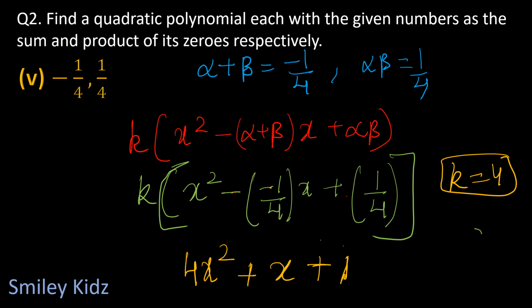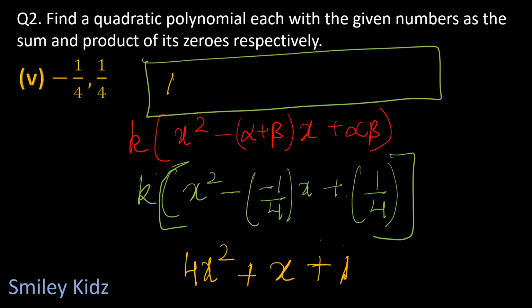So it's nothing but here I have multiplied the entire equation with 4. That means it is in this way, right? So 4 has been multiplied with x square plus 1 by 4x plus 1 by 4, so it's going to be x square plus 1 by 4x plus 1, and this entire equation is multiplied with 4 because I let the value of k be 4.